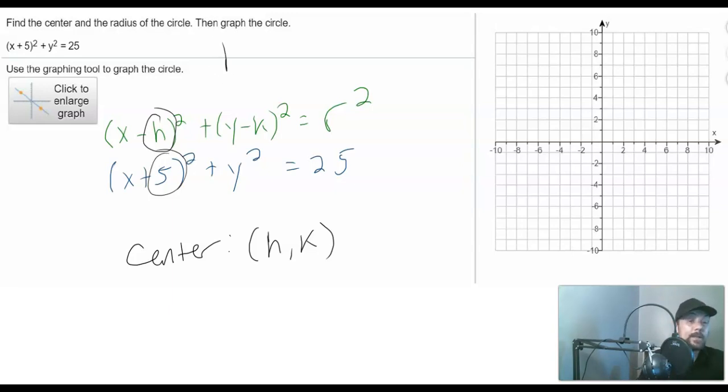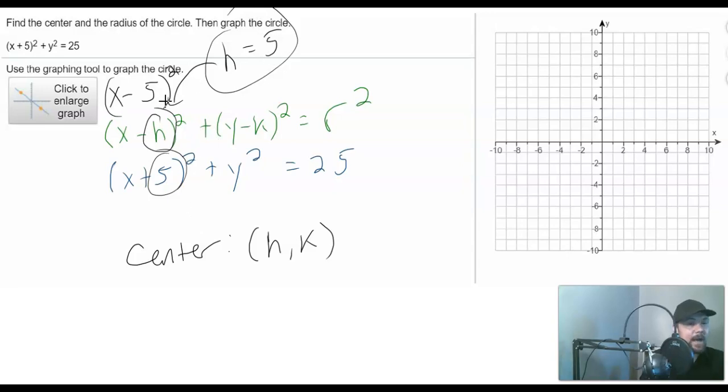If you think h is equal to 5 in this equation, take that value for h, plug it into the formula, and check to make sure that it actually does match up to the equation. And you will find it doesn't. Right? If I take 5 and I plug that in for h, what do I get here? I get x minus 5 squared, whereas my equation is x plus 5 squared.